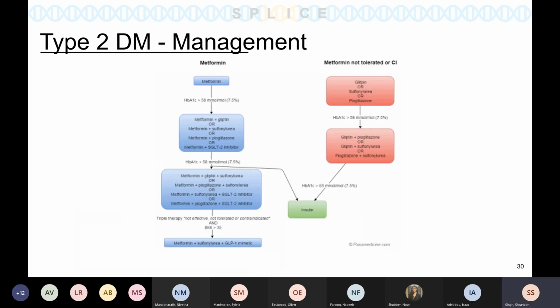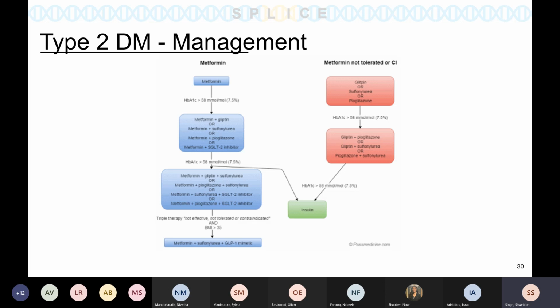Thank you. And again, this is from PassMed as well. Quite an easy to follow flow diagram on the diabetic drugs. So you've got metformin there as your classic first line drug. And 48 is the threshold for diagnosing diabetes. Then you go on to give metformin. And then if it's more than 58, you give another drug with it.